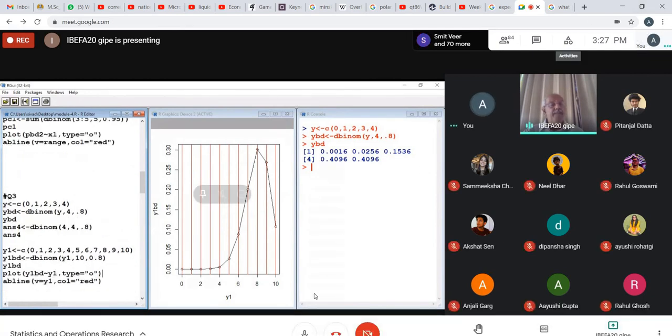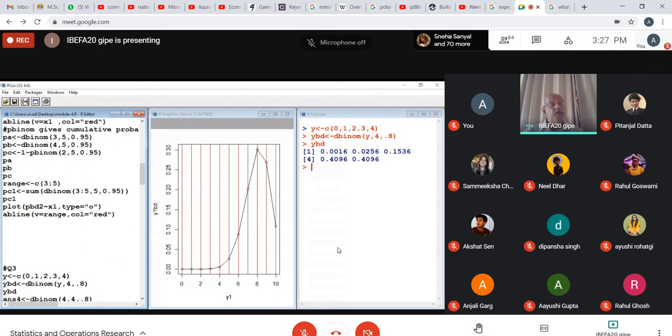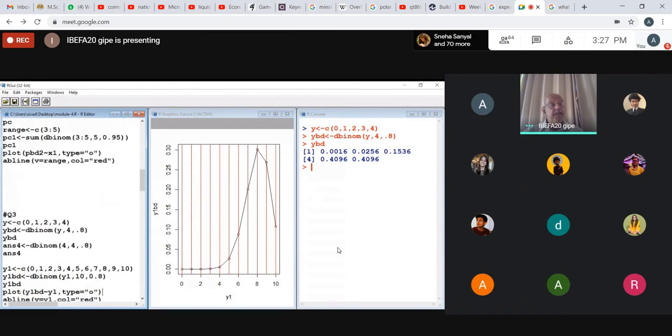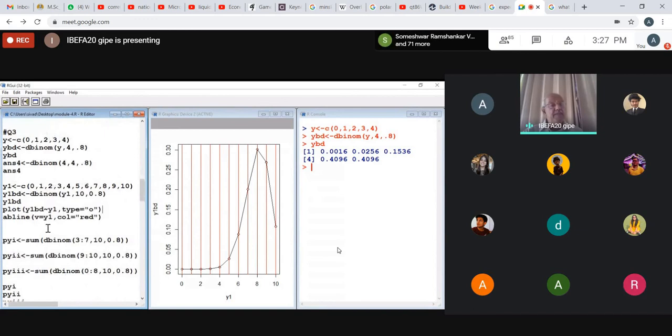P binom. For example, in question number 3 itself, I will compute once again.